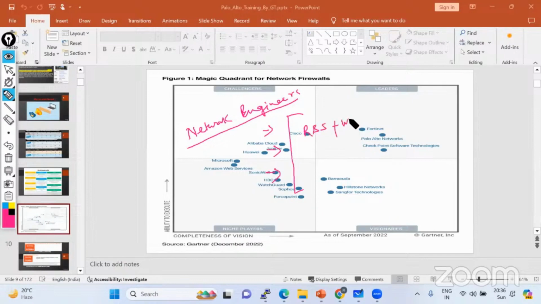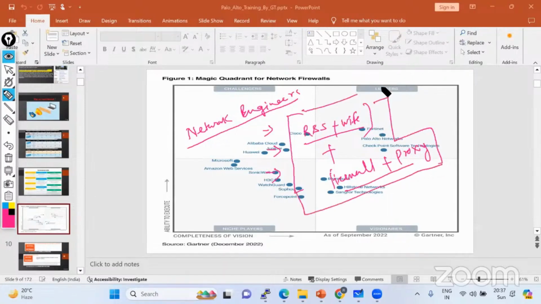Probably they also know Wi-Fi, wireless, right? But they don't know about security. So my dear friends, if you are already in the networking domain, trust me, if you take some pain and learn some firewall skills, proxy skills, cloud security, your career is going to be like a rock star, right?